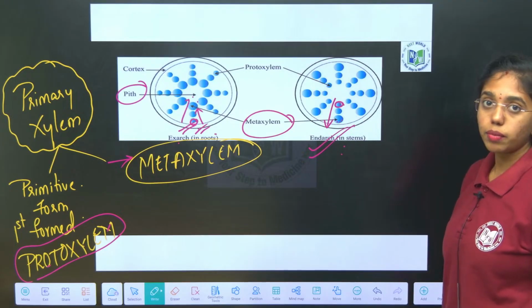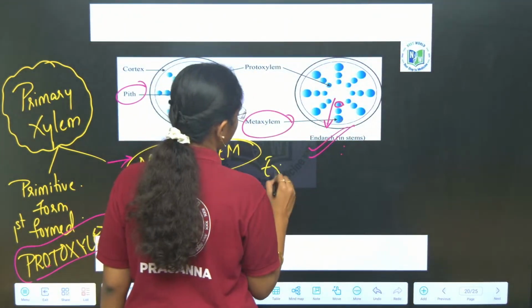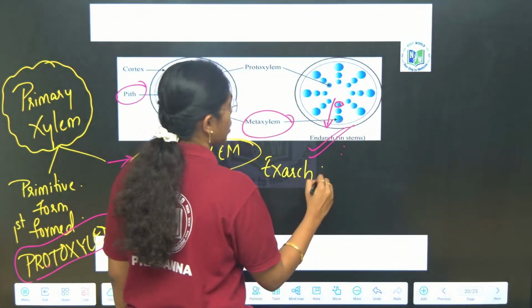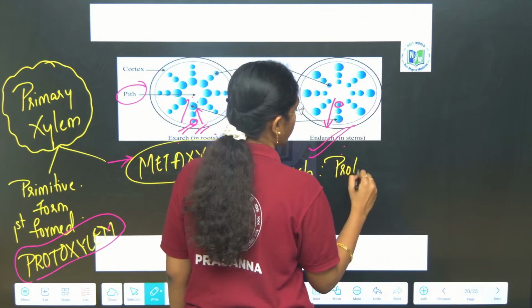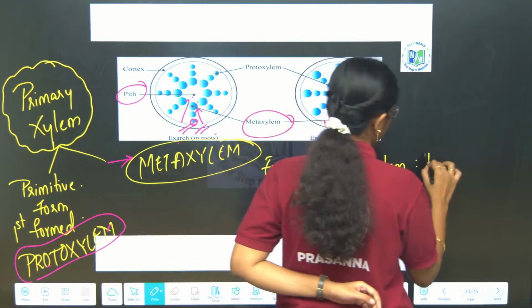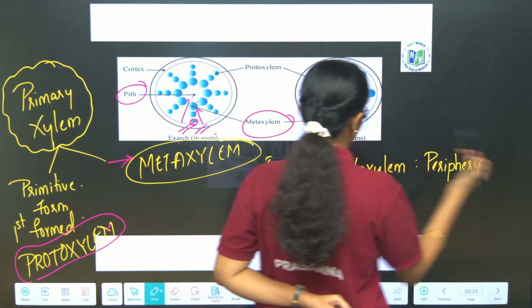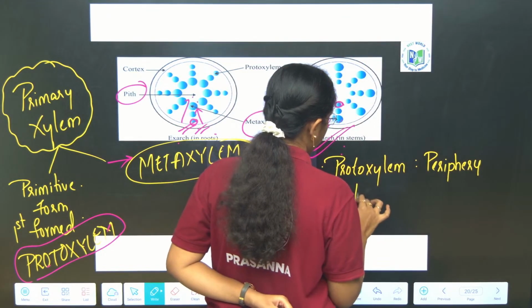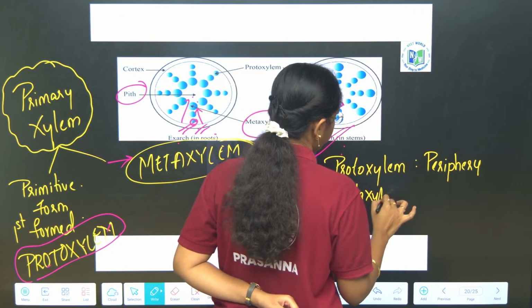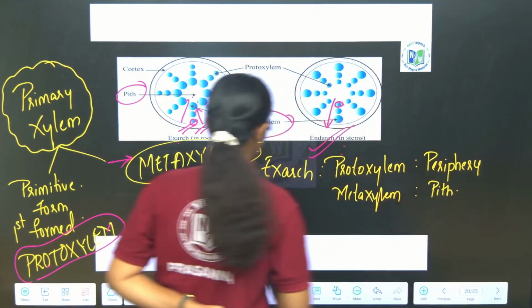Clear? So in the exarch condition, protoxylem is towards the periphery and metaxylem is towards the pith or center.